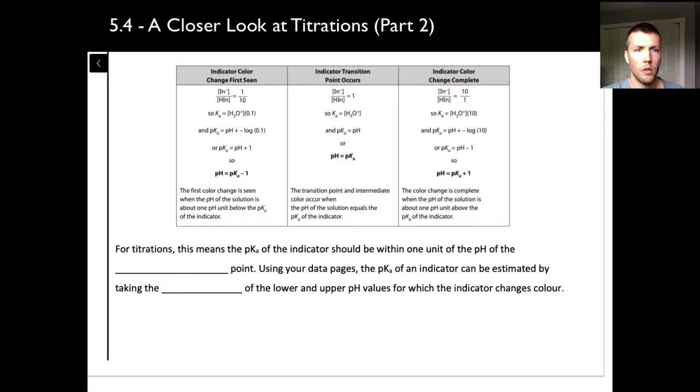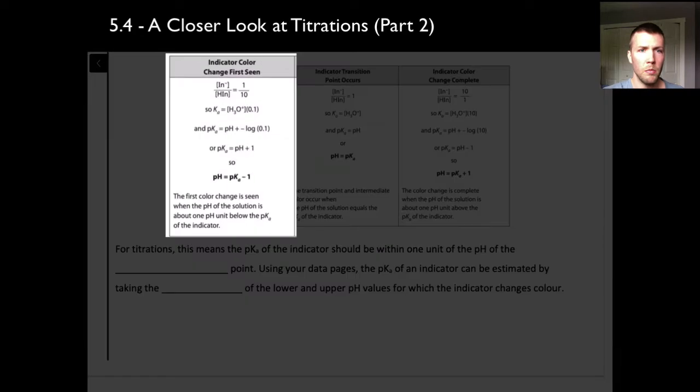So on one end of the spectrum, if I have a situation where that ratio of the deprotonated to protonated form of my indicator is 0.1, meaning that the protonated form's concentration is 10 times greater than that of the deprotonated form, that means that the protonated form's color is going to be predominant.